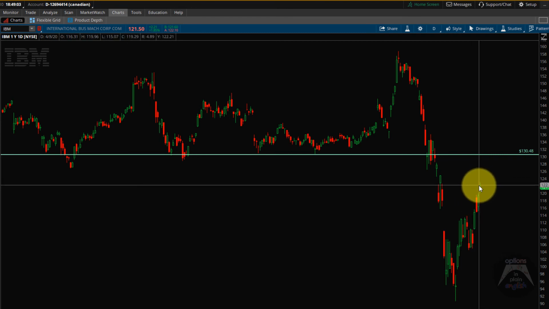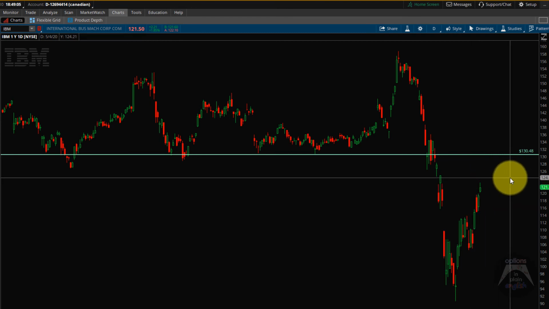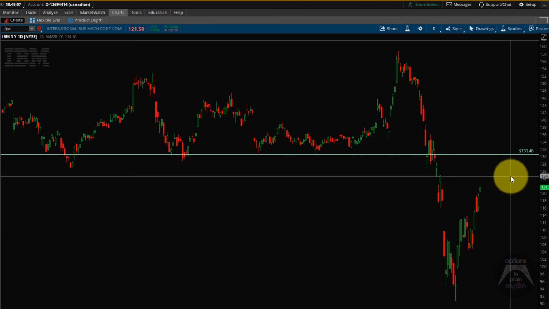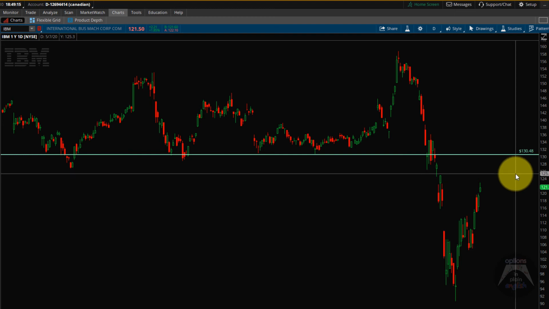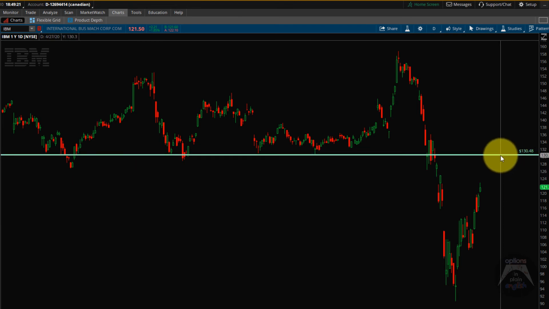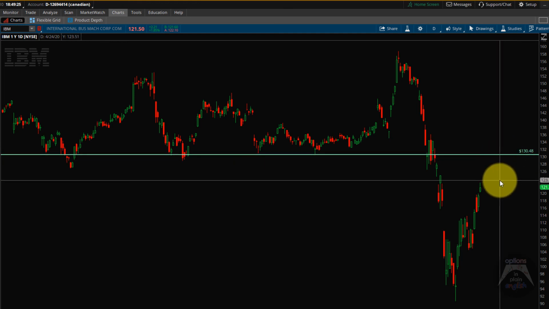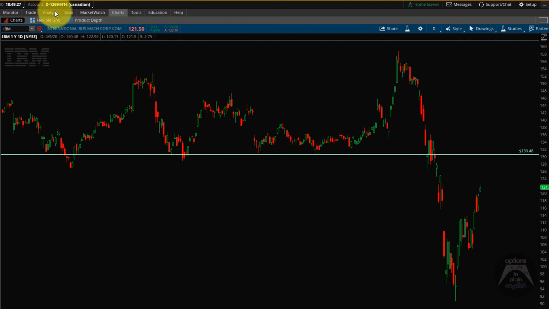Remember, as long as you go over 125, your option is going to have some value, and then you need to figure out how much of that value you need to offset what you paid for it. So you need to go to around $130.55. So this line represents more or less where you want your price to go.